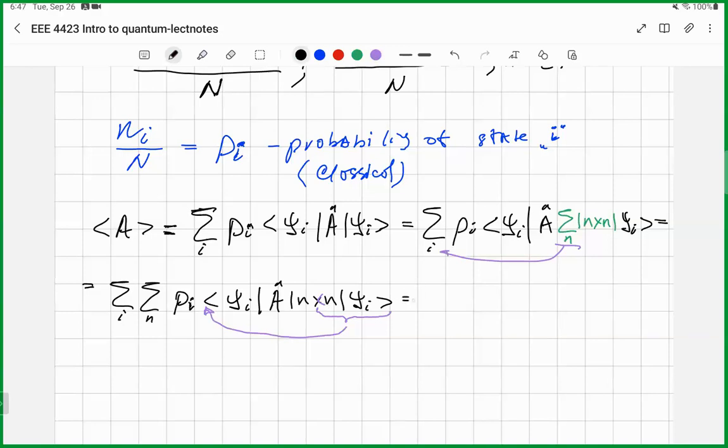It's going to be the sum over i and n, then p_i, then ⟨n|ψ_i⟩, this is the term we moved around, and then ⟨ψ_i|A|n⟩.